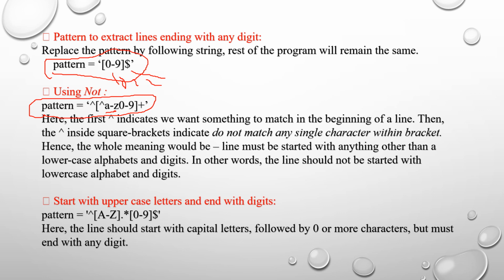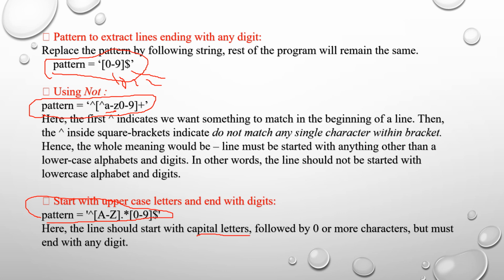If you want to start with an uppercase letter and end with a digit, this is the pattern: caret, A to Z uppercase, after that a dot, and again star, 0 to 9, dollar. So here the line should start with a capital letter.